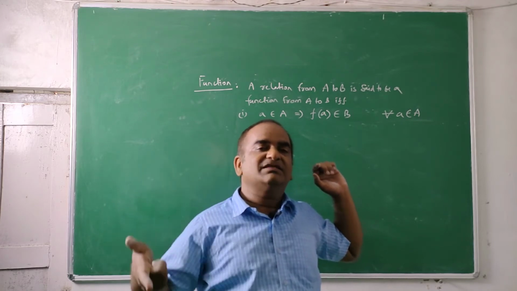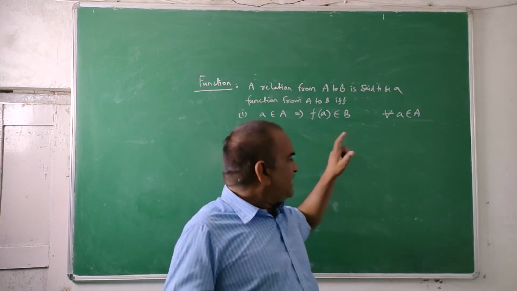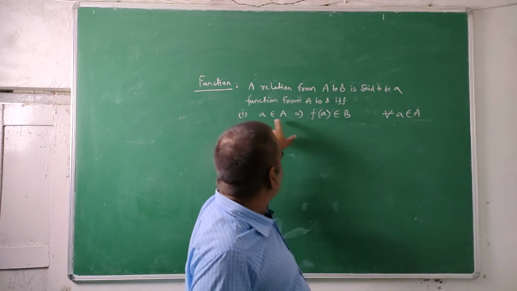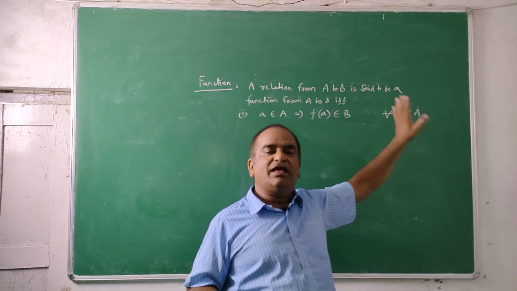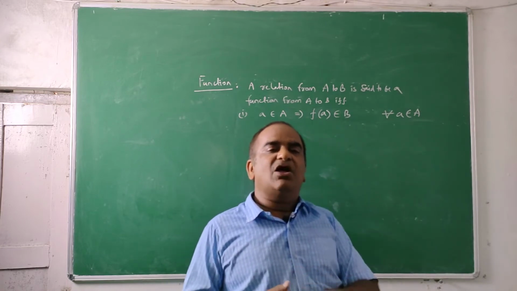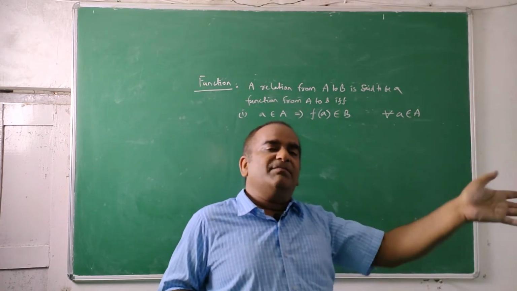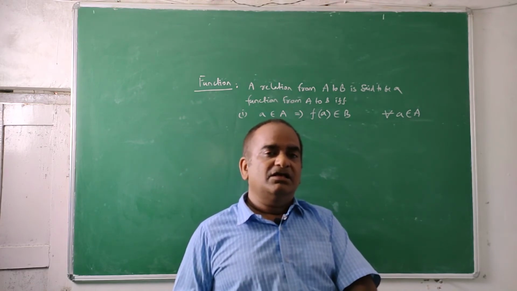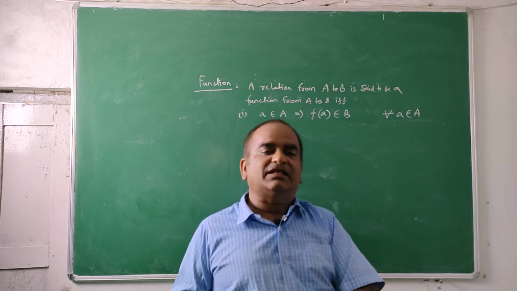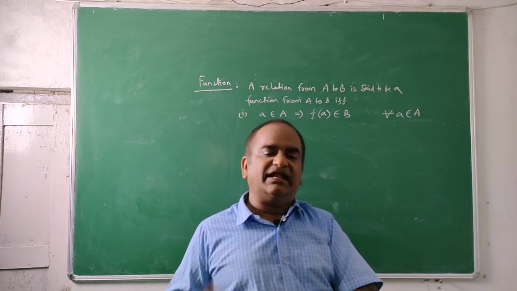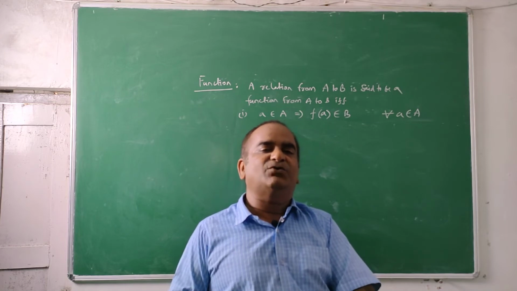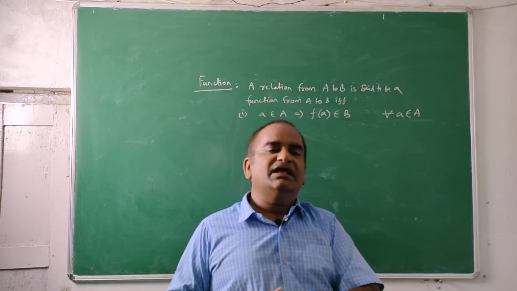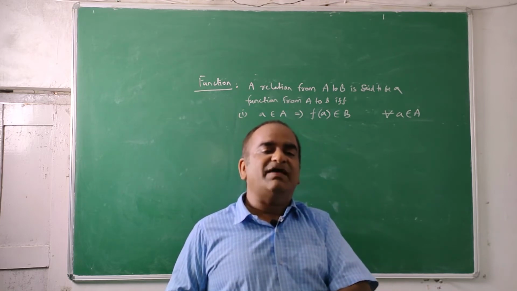Hereafter it is called the image of a, and it should be in B. This should happen for all a belongs to A. For every a belongs to A, the corresponding image should go in B. Suppose in any circumstance in set A, if any element is left over without being associated with an element of B, then this first condition is failed.